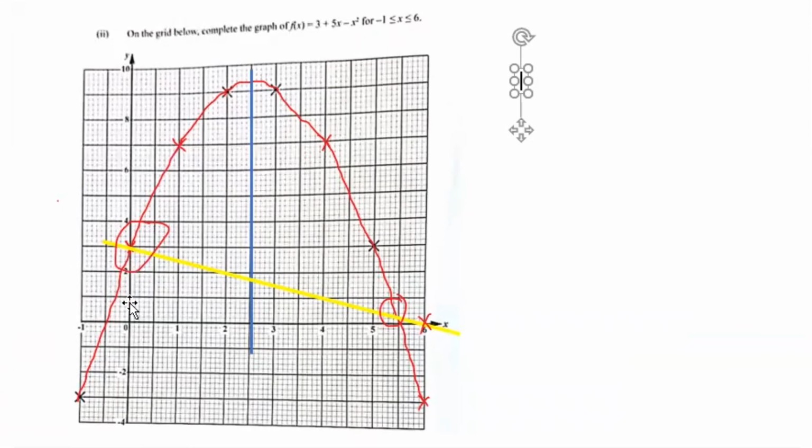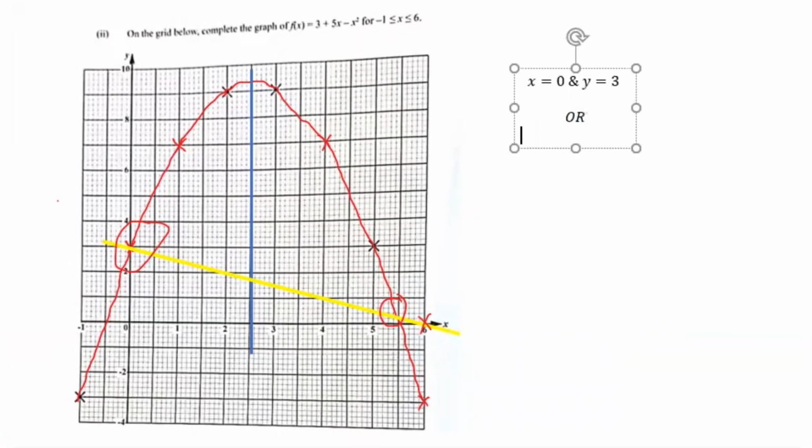At this point, we can say x is 0 and y is equal to 3. So that's a quick and easy one. So for the first one, it is x is equal to 0 and y is equal to 3.